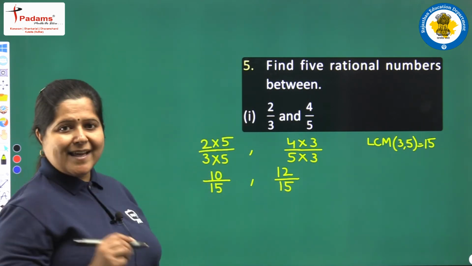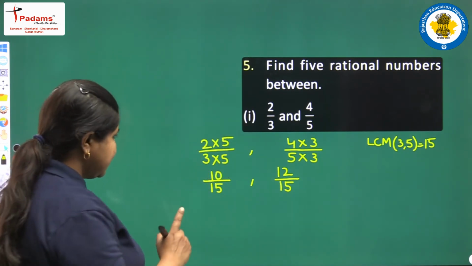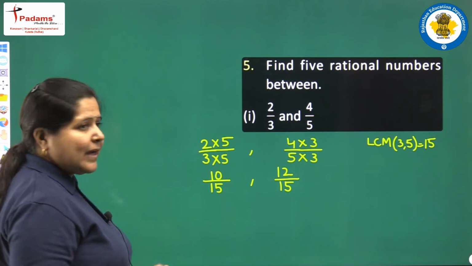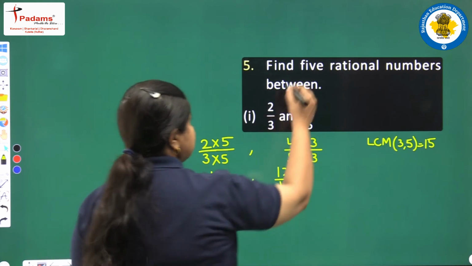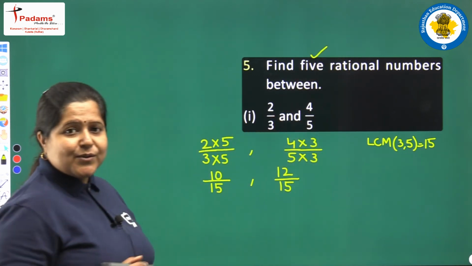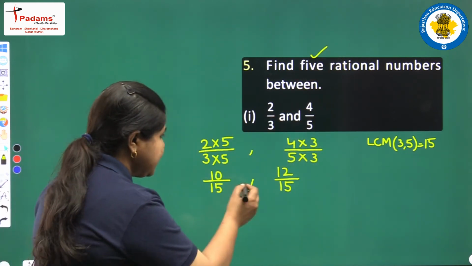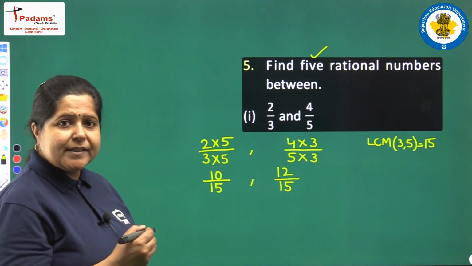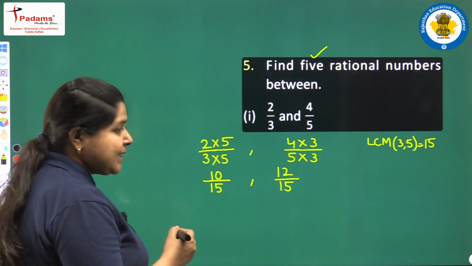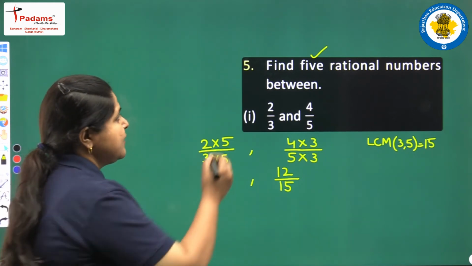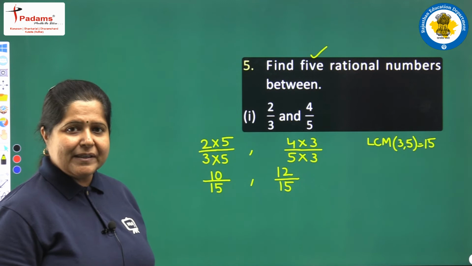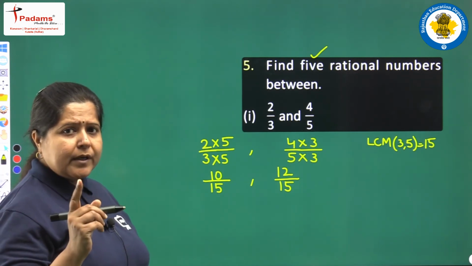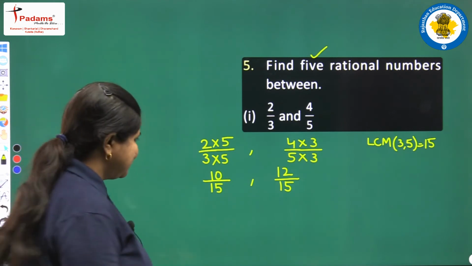Now the denominators are same. Let us find if there is any rational number in between. Just only one, 11 by 15, and we have to find out 5. So again we will multiply both these numbers by one more number both in numerator and denominator, so that the numbers become big enough to give us 5 rational numbers in between. Let us multiply by, I am multiplying by 4, you can choose your own number.